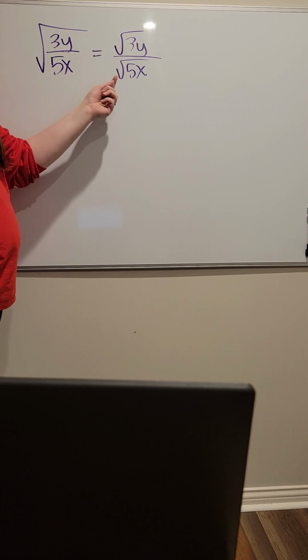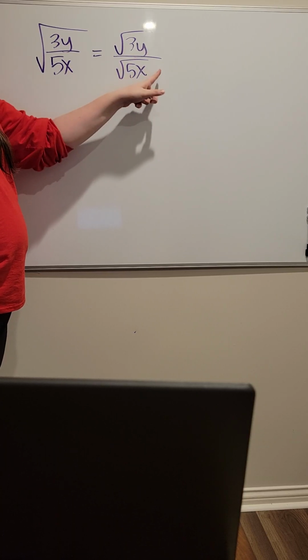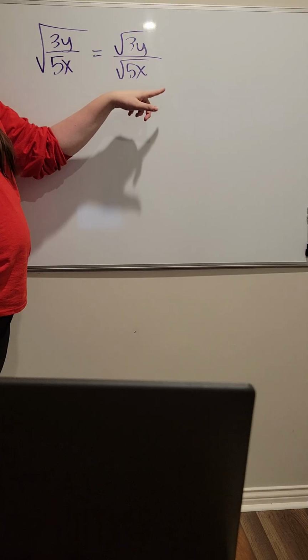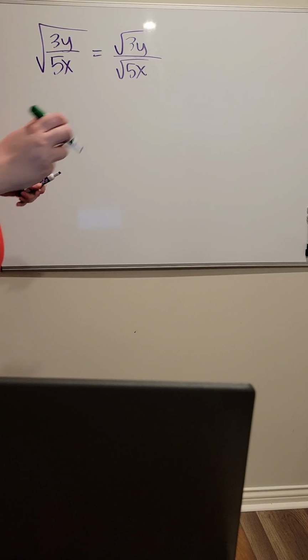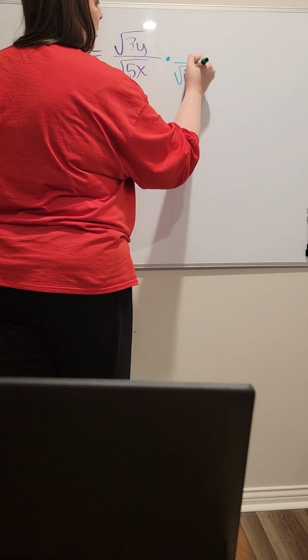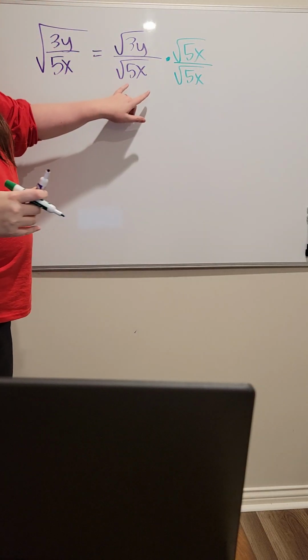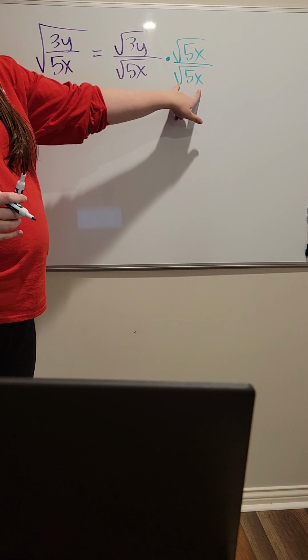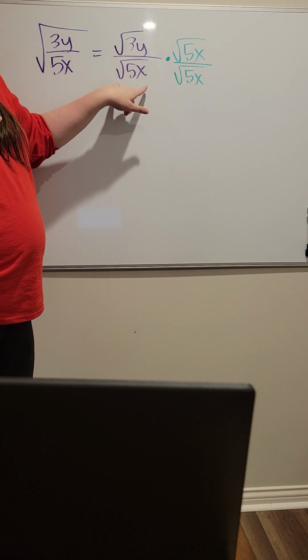Now again, we have a radical in the denominator, that's not allowed. In this case, there's no pluses and minuses. So what we're going to do is we're going to multiply by a very clever form of 1. You're just going to multiply by itself, because then it'll be a perfect square in the next step.